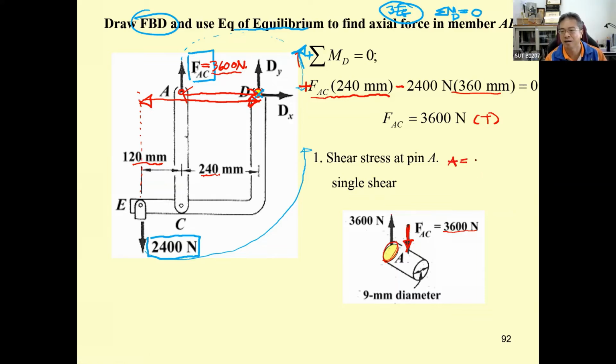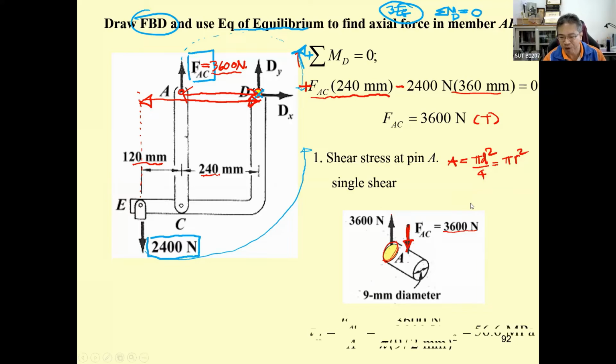And the area here of the rod is a circular area. You may compute it by pi diameter squared divided by 4, or you may use pi times the radius squared. Which one you prefer? Just use it.